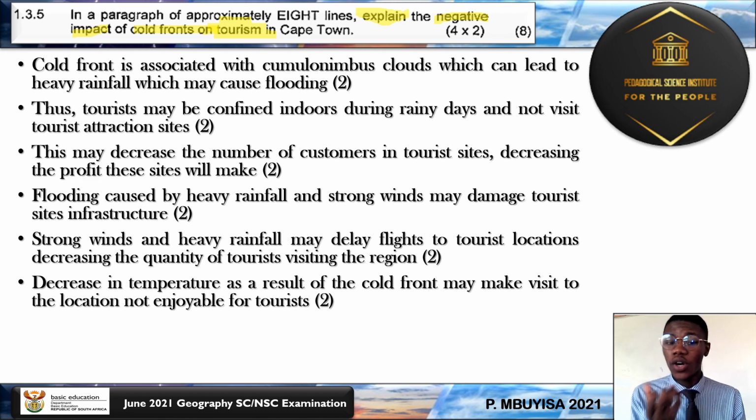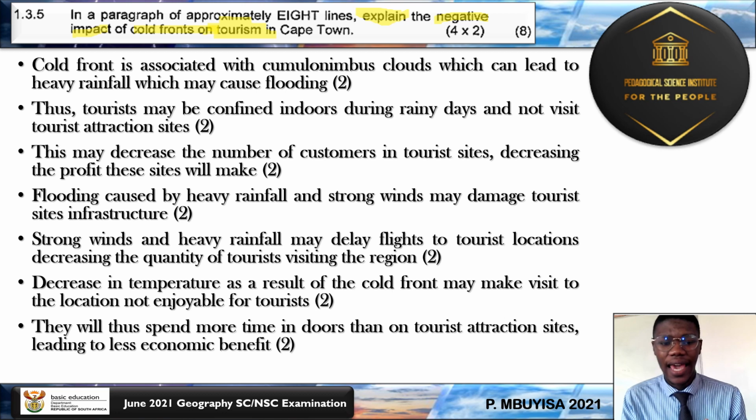It may not be enjoyable for some tourists to be outside in these cold conditions, and as a result, they will spend more time indoors than on tourist attraction sites, which leads to less economic benefit, and less economic benefit means less contribution to the GDP.